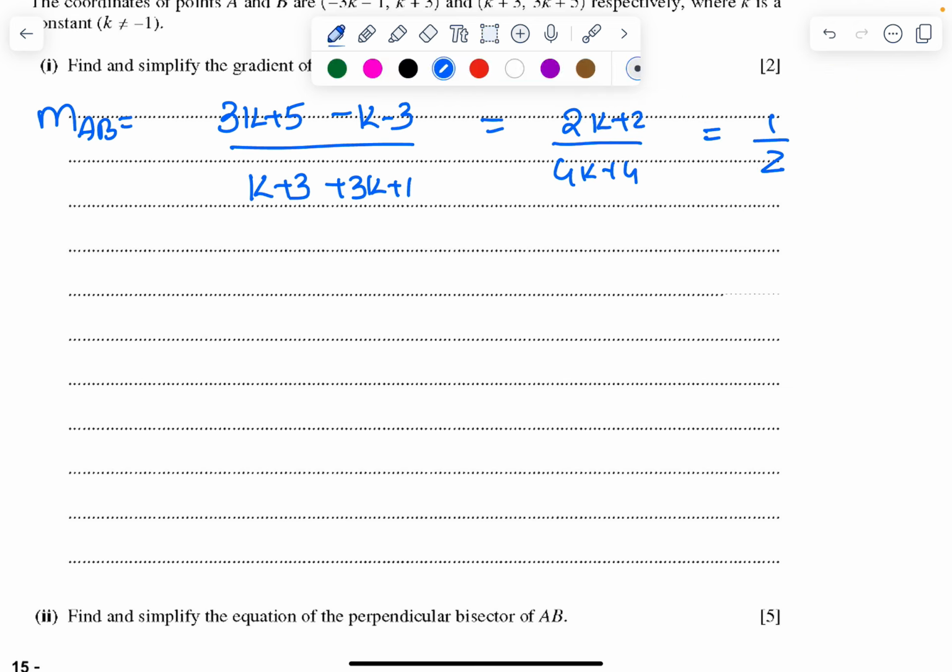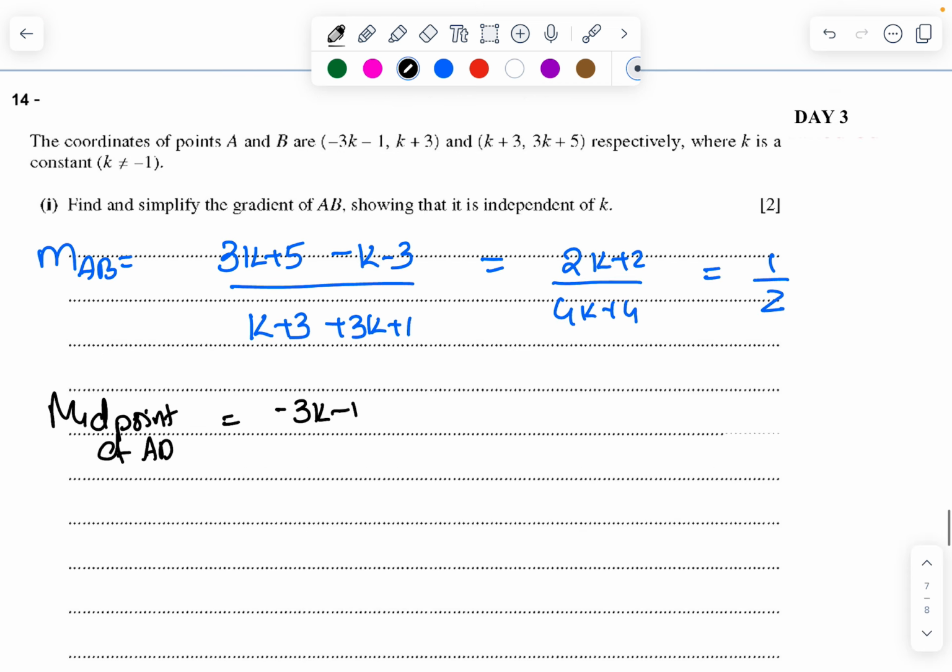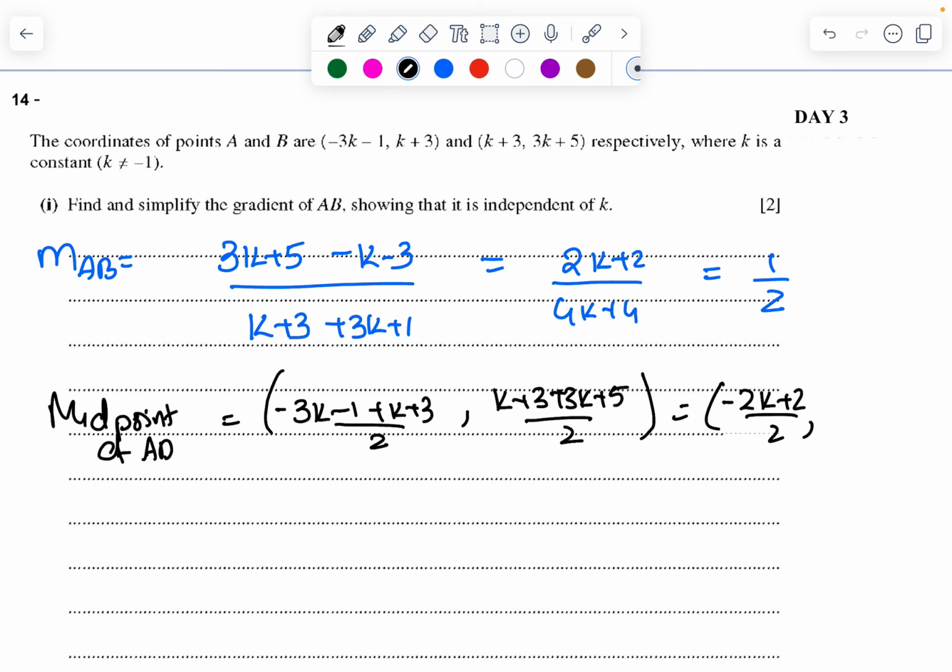The midpoint of AB is minus 3k minus 1 plus k plus 3 by 2 comma k plus 3 plus 3k plus 5 by 2, which is minus 2k plus 2 by 2 comma 4k plus 8 by 2, which is minus k plus 1 comma 2k plus 4. That's going to be the midpoint.